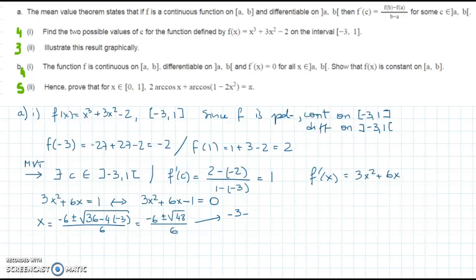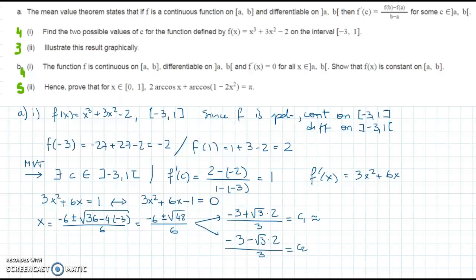Minus 3 plus the square root of 3, times 2 over 3. We're going to call this value C1. And the other option is minus 3 minus square root of 3, times 2 divided by 3. And we're going to call this value C2. Well, we did find two values of C for verifying the mean value theorem. I just want to make sure that those values are really in the interval we want.